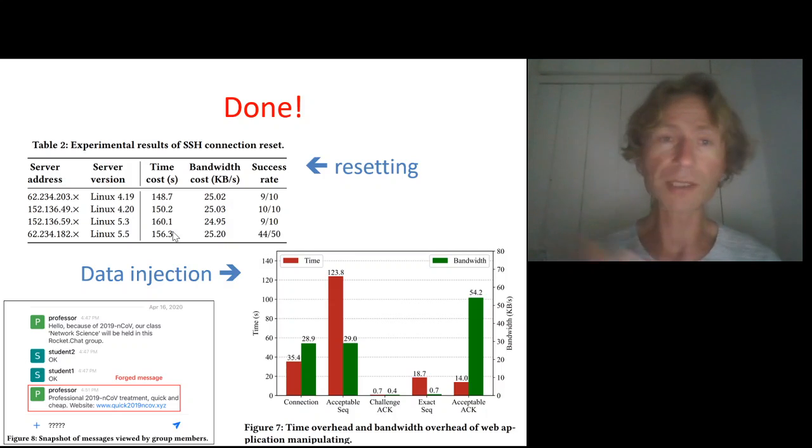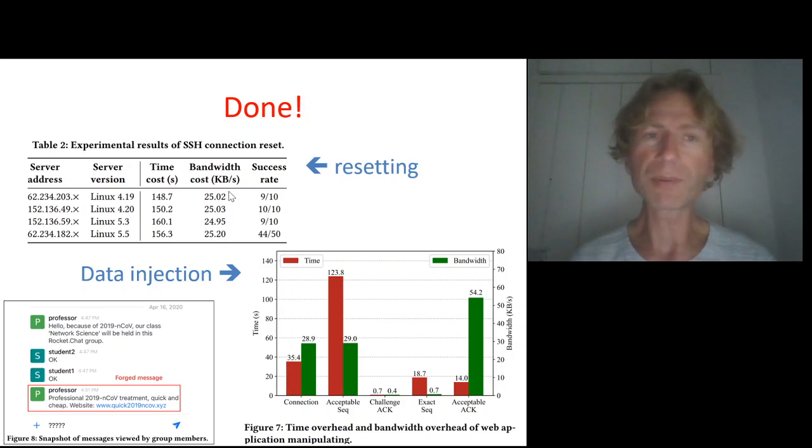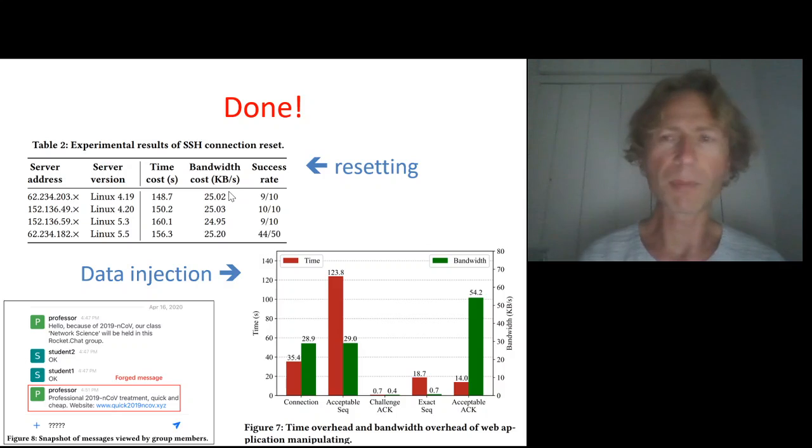So it's a practical attack. Okay, and they can do this in many versions of Windows with a very high success rate. So 9 out of 10, 10 out of 10, that is really high, and with very limited bandwidth. So a few kilobytes per second is something that is definitely within the capabilities of even very modest attackers.